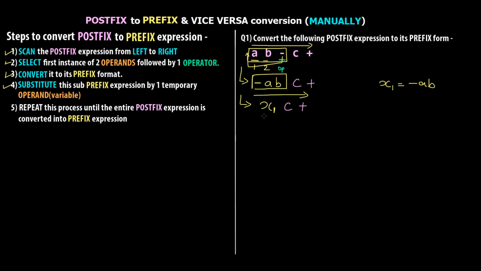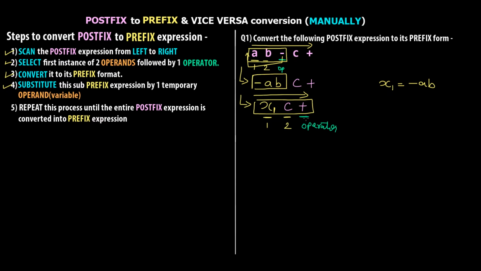Now if you see again, we have x1 and C. So this is operand 1 and operand 2 because now x1 is one complex operand of minus AB. So minus AB collectively is considered as one variable or one operand now. So this is operand number 1, this is operand number 2, and after this we have plus which is an operator. So we again got the pattern of 2 operands followed by an operator.